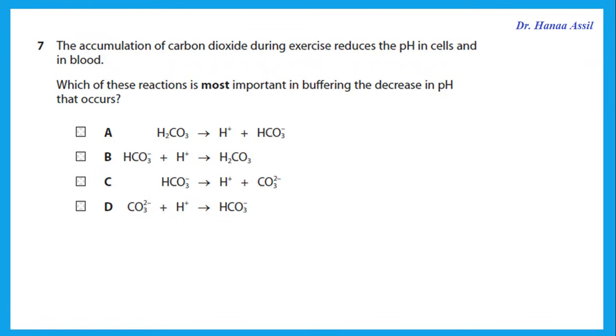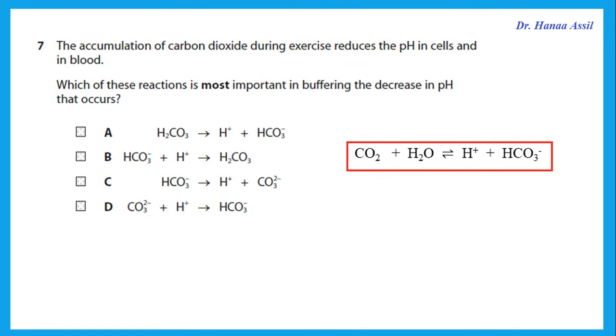Remember that formation of carbon dioxide in the blood causes it to become acidic. This is because carbon dioxide dissolves in water to form an acid. So in order to buffer it, we need the opposite equation. If we have too much acid, then this reaction basically goes backward.